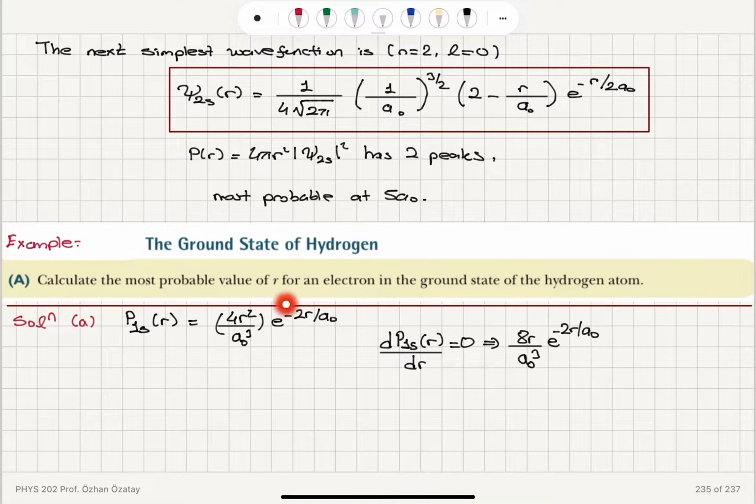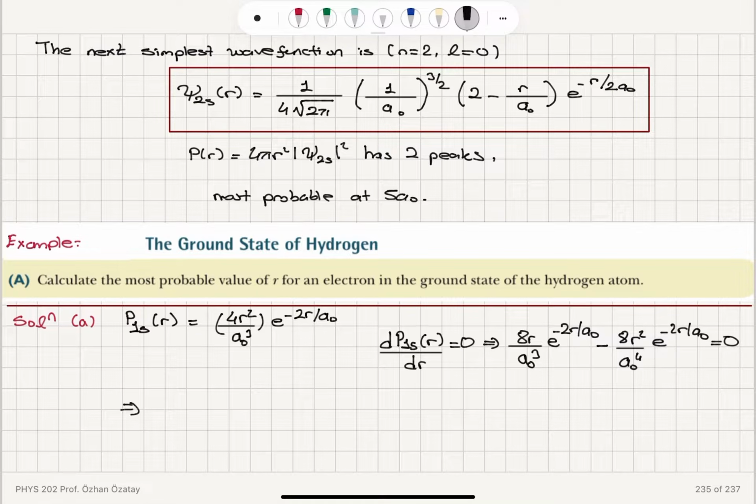Next, take the derivative of the exponential with respect to r. That will give us minus 2 over a0 multiplied with 4r square over a0 cube. It will be 8r square over a0 to the fourth power exponential minus 2r over a0. It's equal to 0.